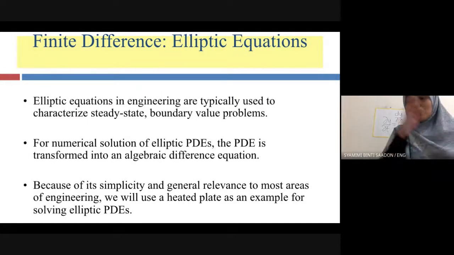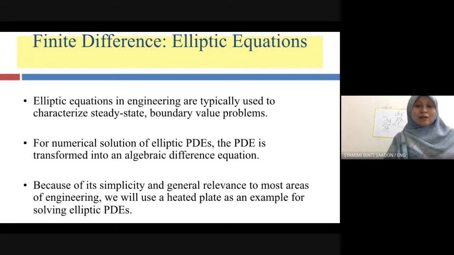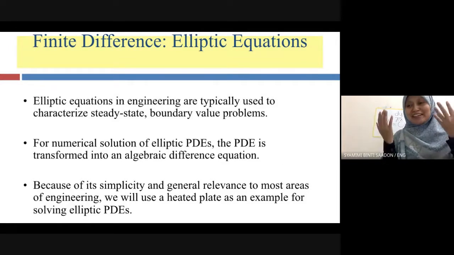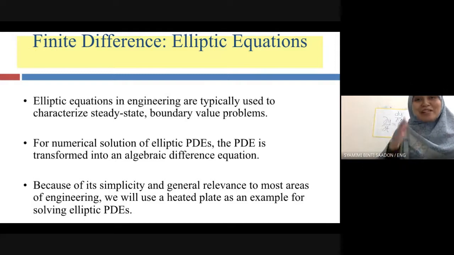That's why we first had to learn initial value and boundary value problems, and now partial differential equations, because we're going to apply these boundary value problems. For the numerical solution of elliptic PDEs, the PDE is transformed into an algebraic difference equation, and also algebraic linear equations that we learned in chapter 1.